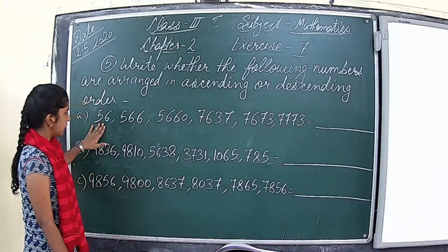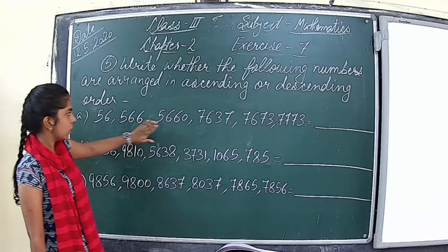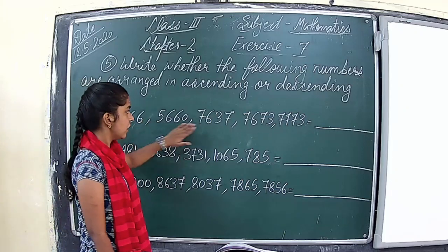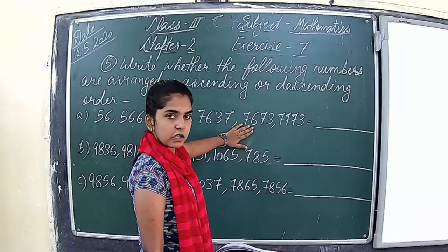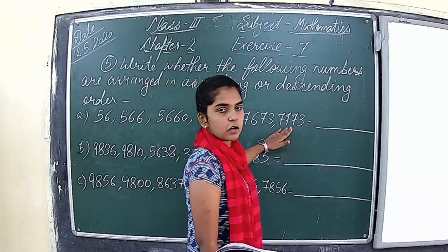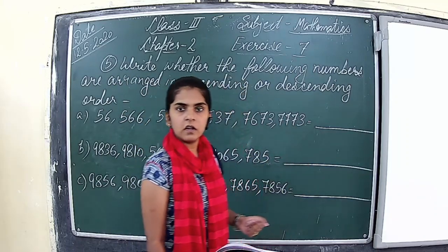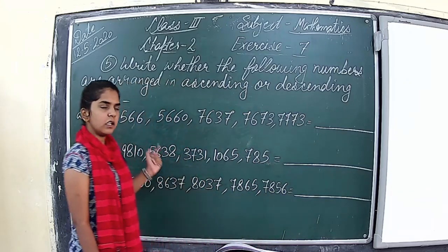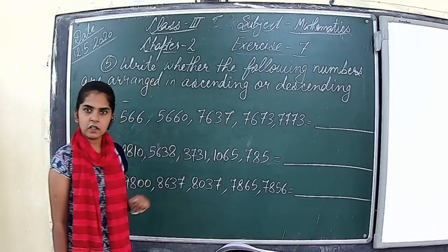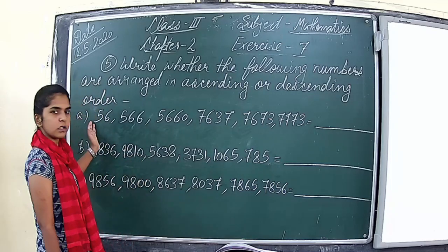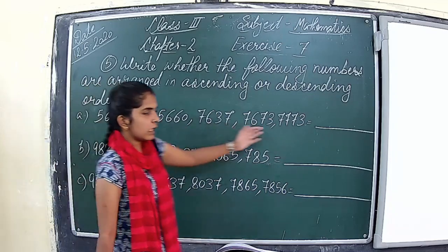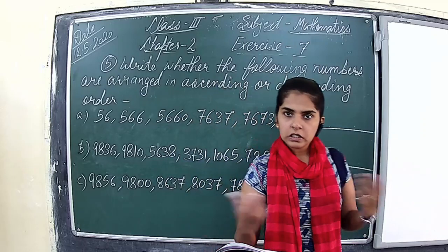56, 566, 5660, 7637, 7673, 7773. You can see clearly here numbers are increasing, right? It means first number is the smallest number and last number is the greatest number.